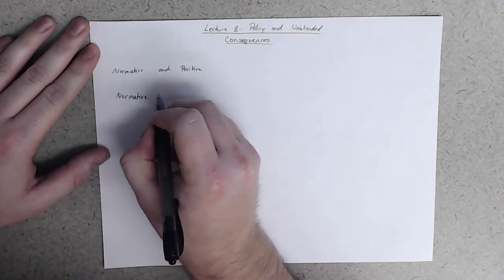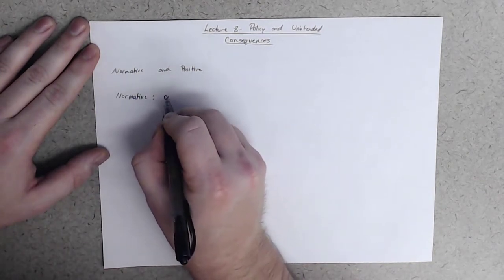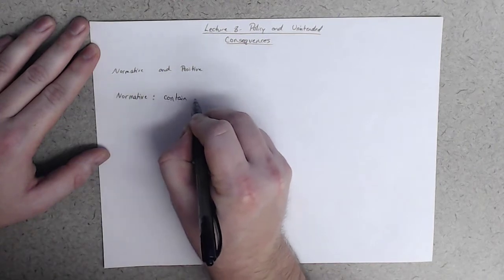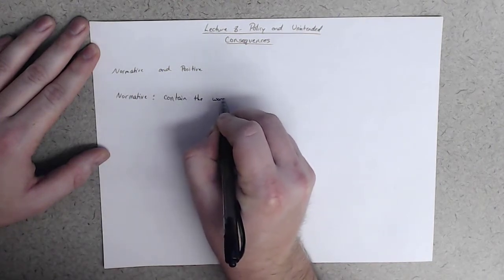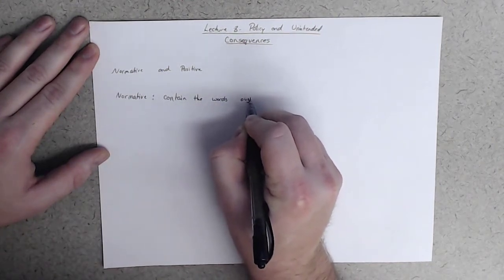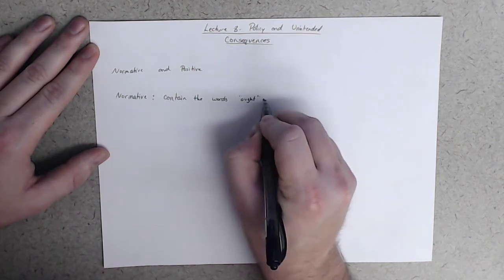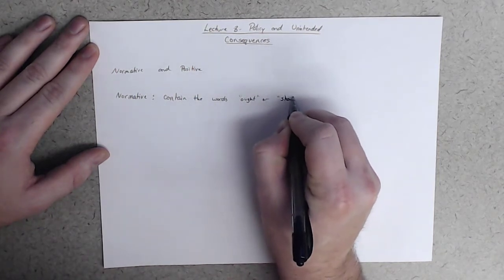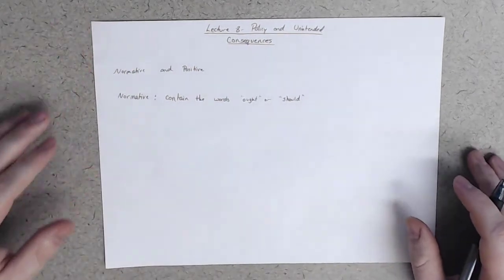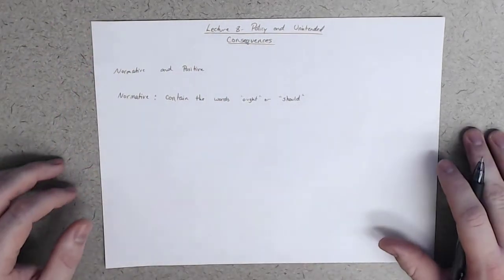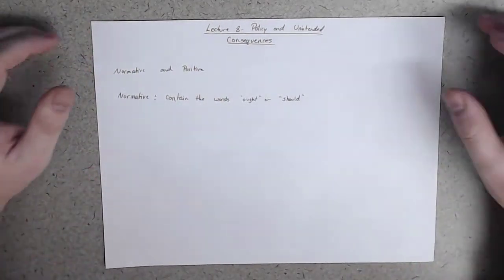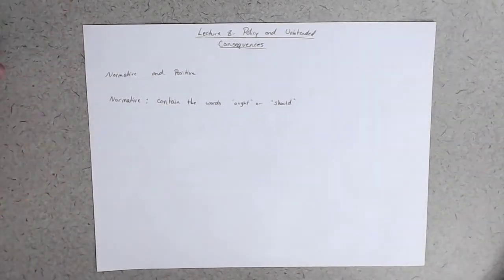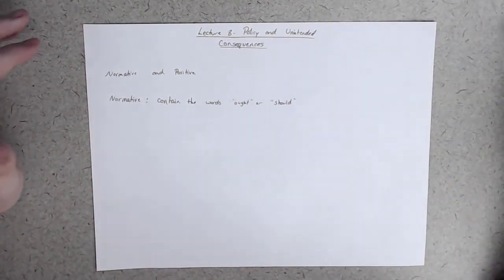So normative statements will contain the words ought or should, right? So, we should go to the beach. That is a normative statement. We should eat pizza. You ought not do that.